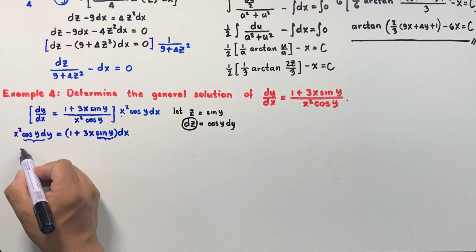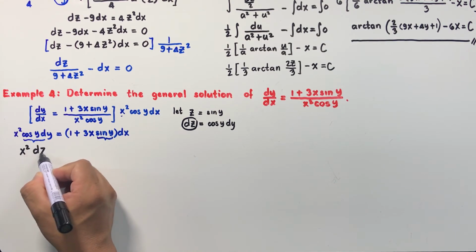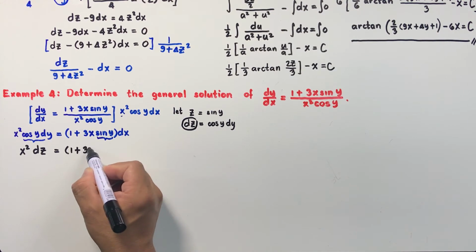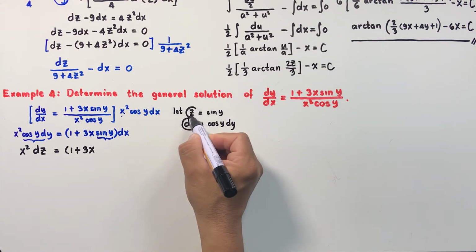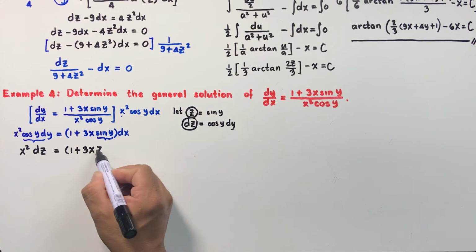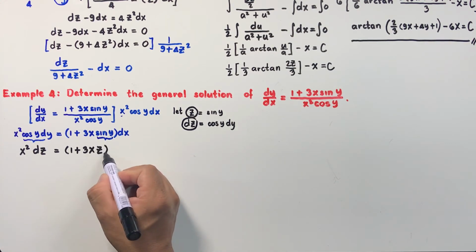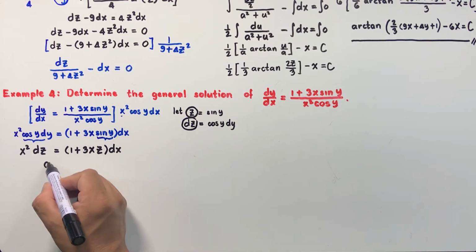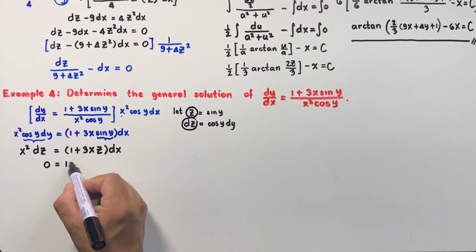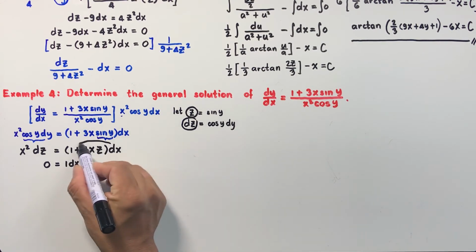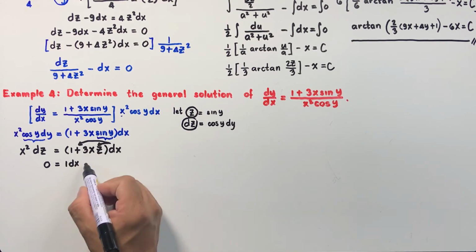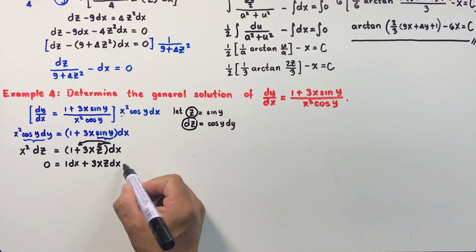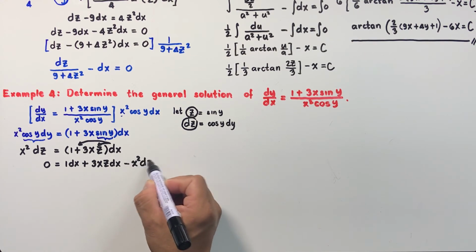So we have x squared times dz. And instead of writing sine y, I will write the representation of sine y, which is z. And this is multiplied by dx here. And moving all the terms to the right, we have 1 dx, if you distribute this dx to this binomial here, and this is added to 3xz dx minus the x squared dz.